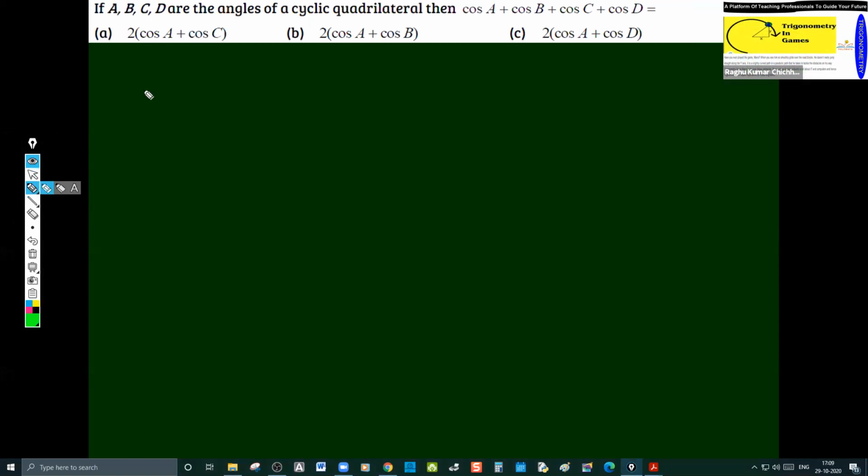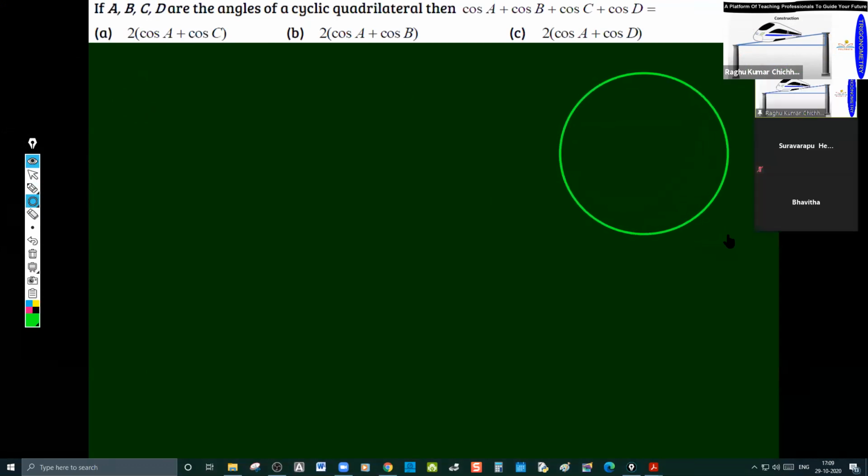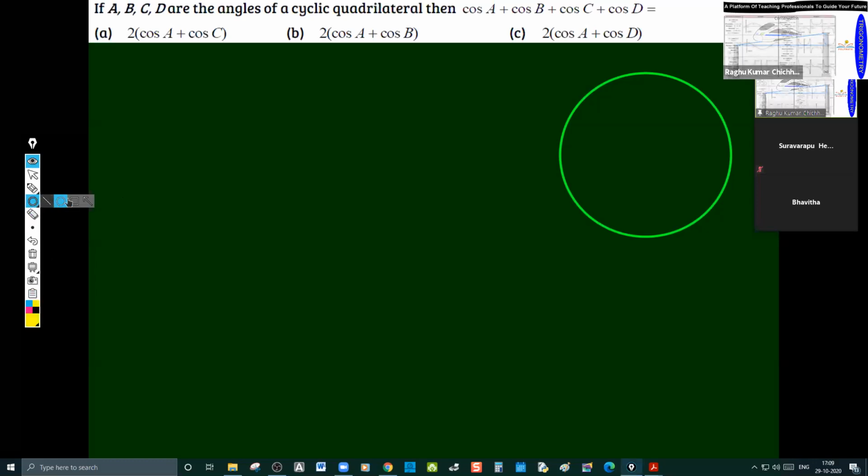Here you can see a cyclic quadrilateral will have its opposite angles summing to 180 degrees. A cyclic quadrilateral is that quadrilateral through whose vertices a circle will be passing.